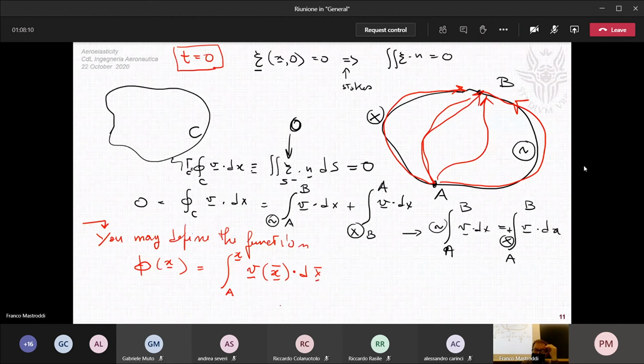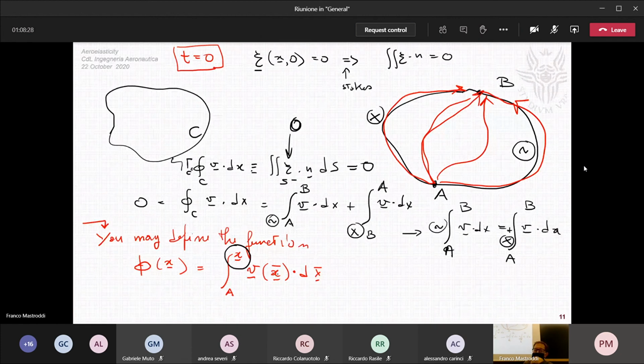Okay, so you can define a single valued function, which is a function of the second edge of integration of this integral. So this function depends on x, and this is the x of the dependency.